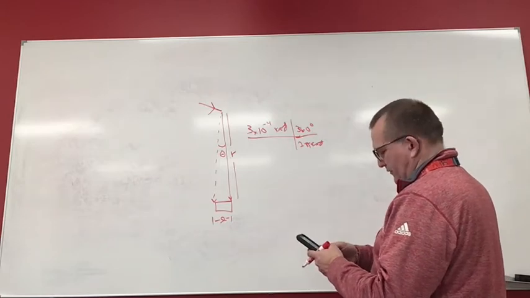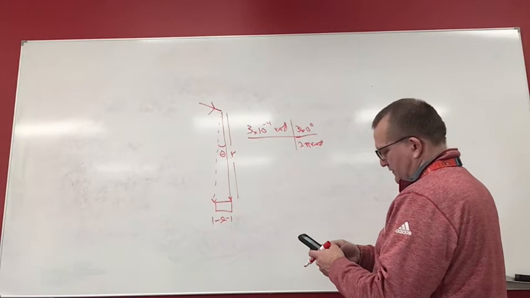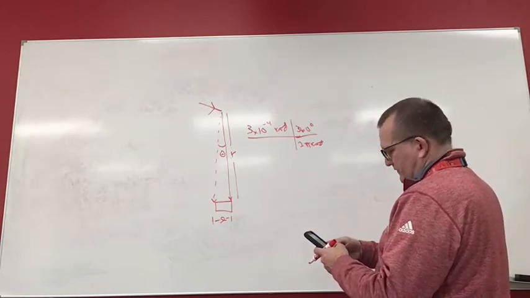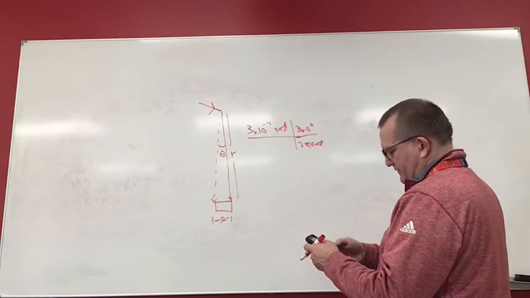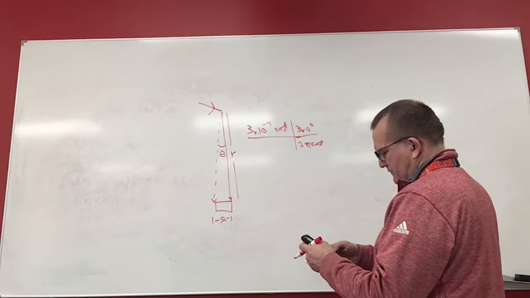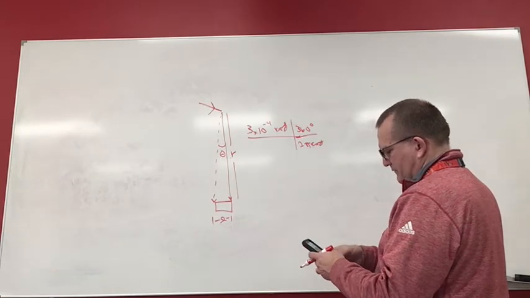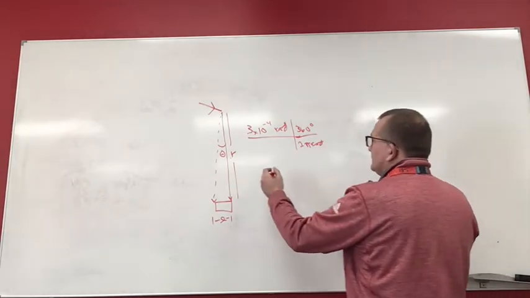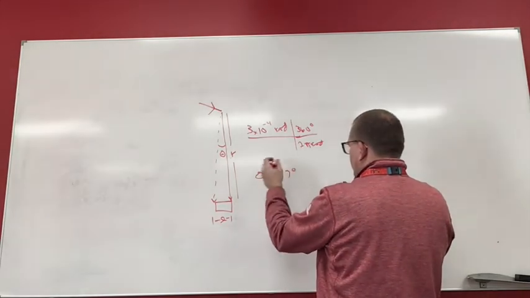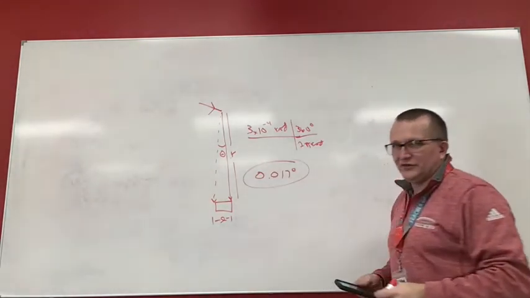I get 3 times 10 to the negative 4 times 360 divided by 2 pi, and I get 0.017 degrees. So that's my angle in degrees.